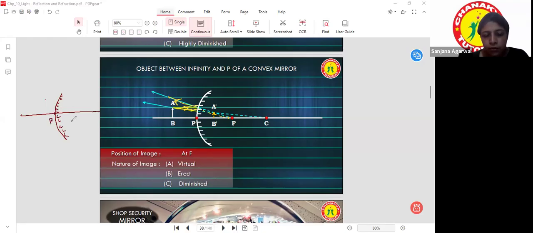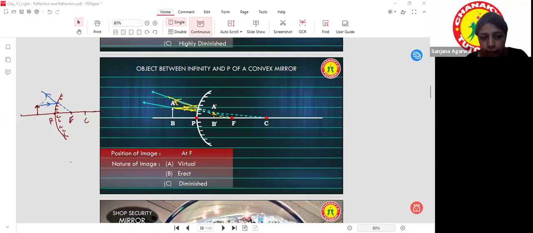That's the pole, principal focus, center of curvature. We have kept our object here. A ray of light parallel to the principal axis will be reflected such that if we produce it back, it will appear to be coming from the focus.